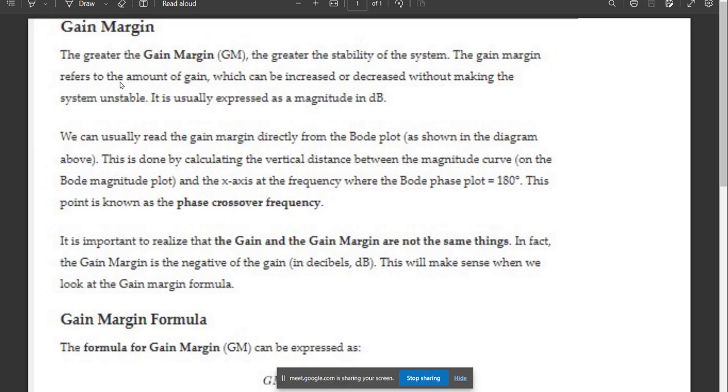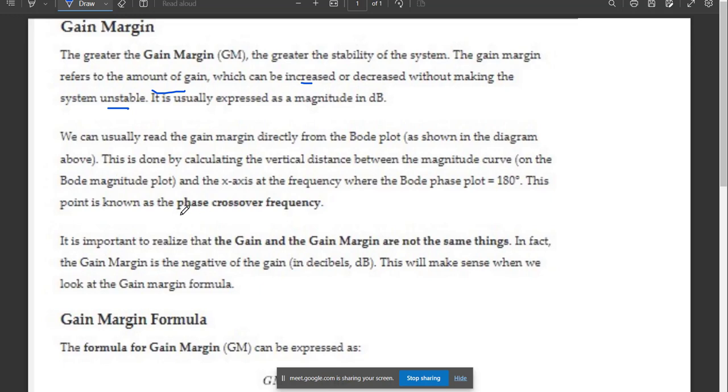The gain margin refers to the amount of gain which can be increased or decreased without making the system unstable. I have already told you that it is a two pole system, so this means that the system will always be stable.